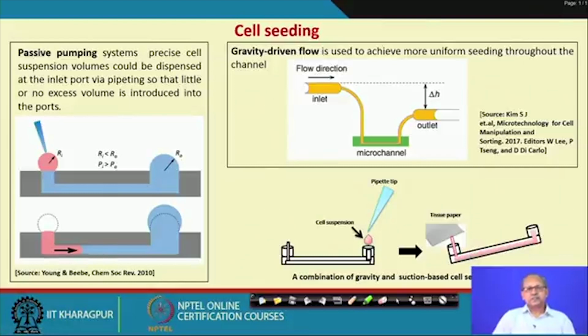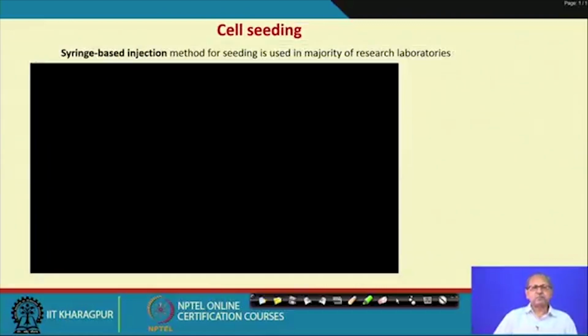Another way of seeding the microfluidic vessel is by a pump. Here we are using a syringe pump based method, and most labs use this syringe pump method for cell seeding.